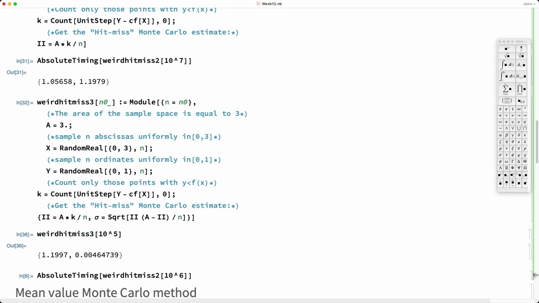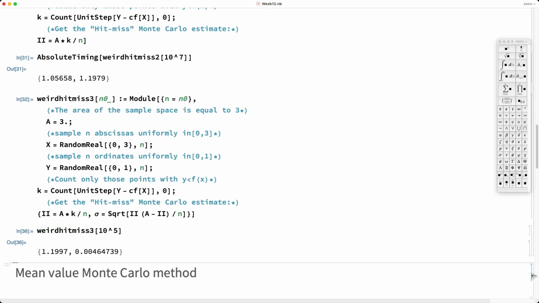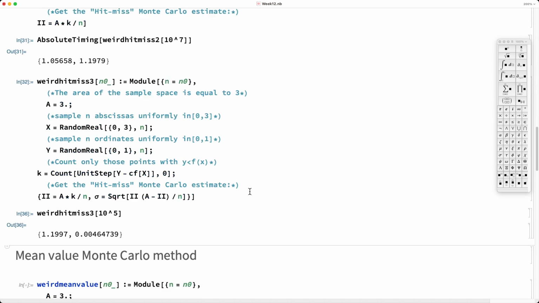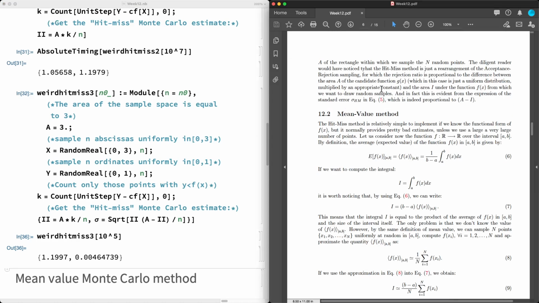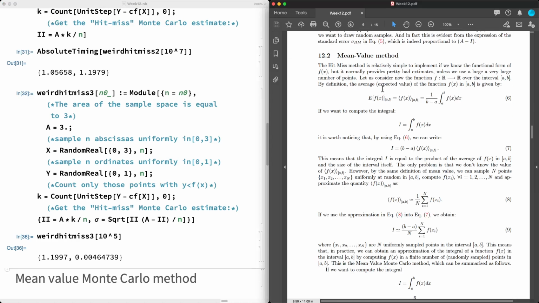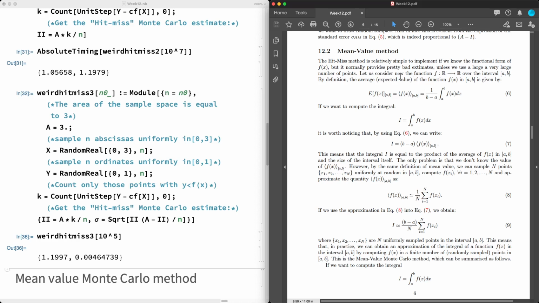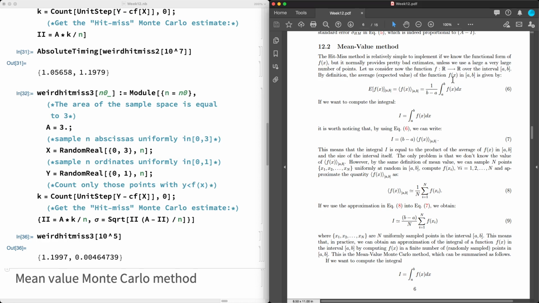Okay, so this is the hit and miss method. Now let's look at the mean value Monte Carlo method. As you can see in the notes, you can prove that you can approximate this integral of f of x in the interval from a to b by drawing samples of f of x and simply calculating the mean value of f in that interval.